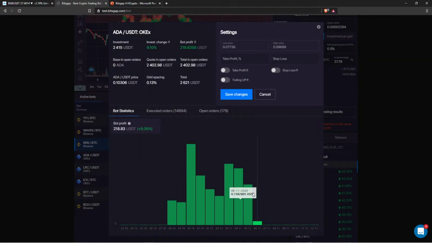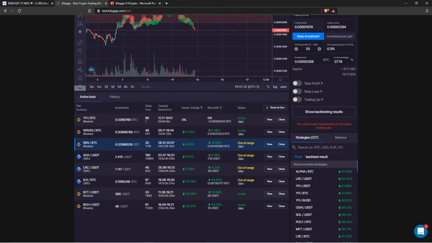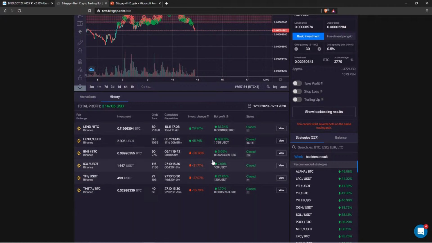So you get the same daily profit statistics for every bot, even if you've closed it and it is now in your history. So using these instruments, you can better analyze your past performance to find better, like optimal solutions for future automated trades.